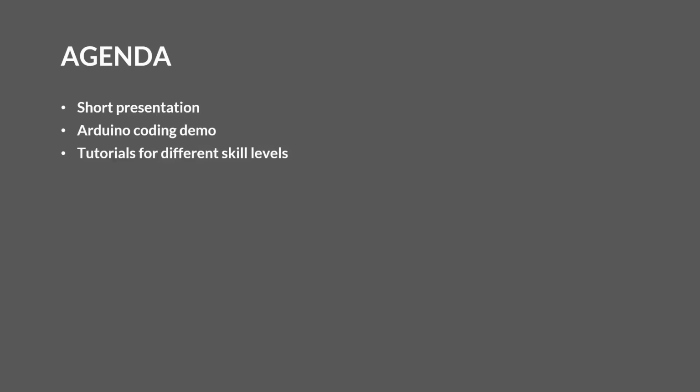And so hopefully there should be something for everyone to look at. And as I said, of course, we're more than happy to answer any questions, both throughout the presentation and the coding demo, and then also when we're in the tutorial, you'll be able to ask questions, and myself, Ross, and James will be on standby to answer any questions or help you if you get any debugging of code that you need to do.